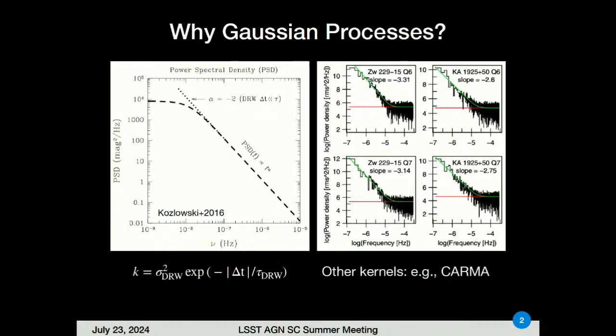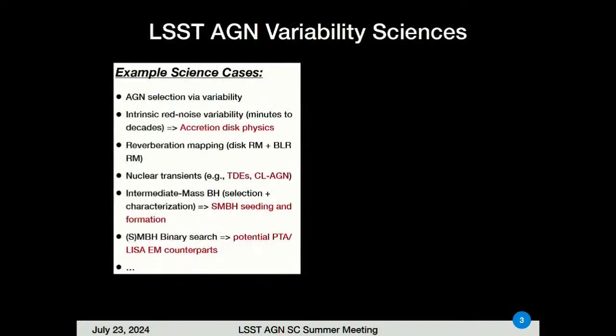in AGN. So next, I want to talk about how modeling the red noise variability using GP fits into the various science cases we would like to do with LSST, right? Starting with selection, also just purely red noise variability.